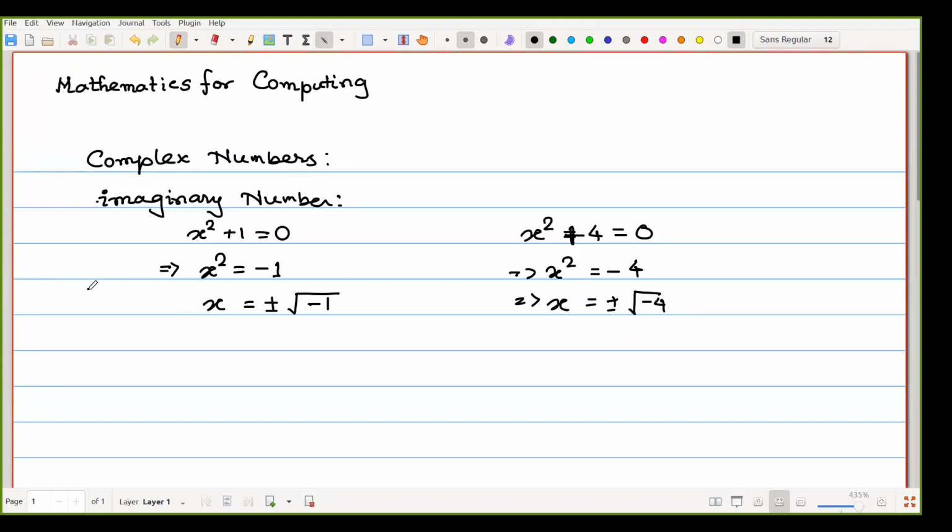What is the imaginary number? In that case, the imaginary number is a small i. That is called the imaginary number.